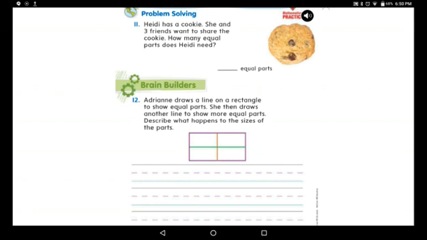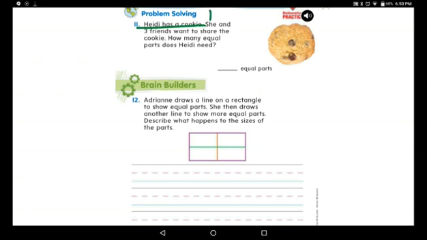How many equal parts does Heidi need? Let's see. Heidi is the character of our story today. Heidi has a cookie. She and her 3 friends.